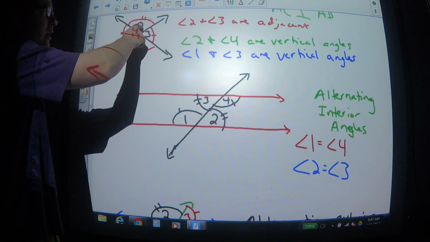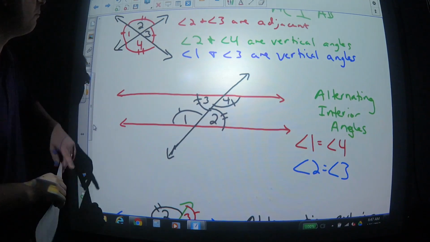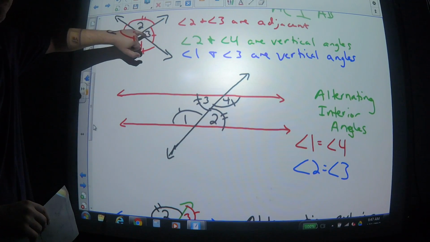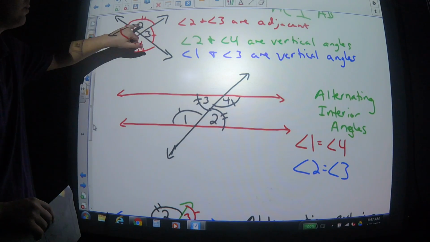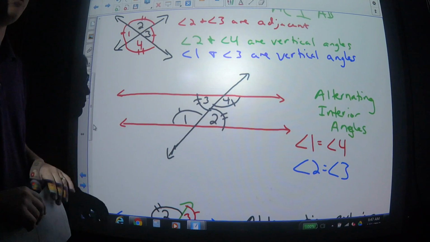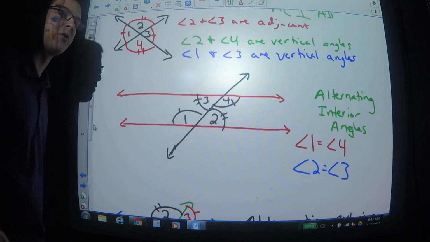But 1 and 3 are vertical, and 2 and 4 are vertical. So 1 is equal to 3. 2 is not equal to 1. But 2 is equal to 4. Vertical angles are directly across.